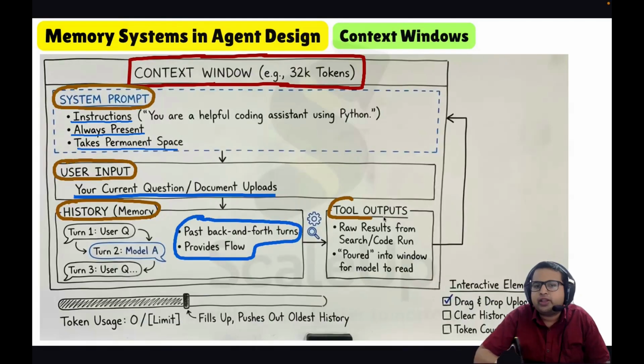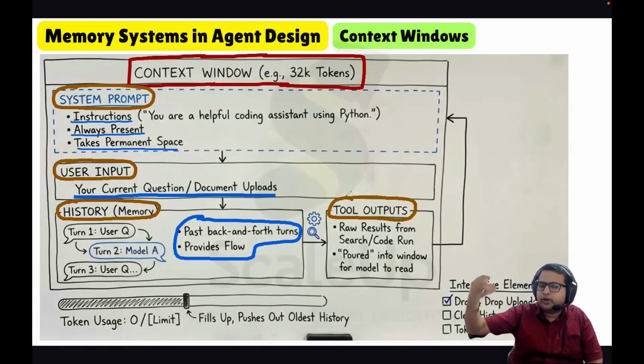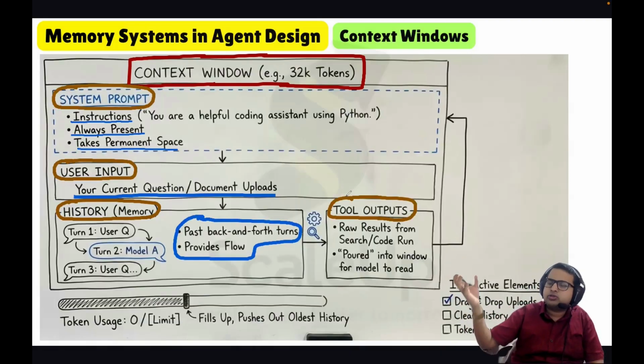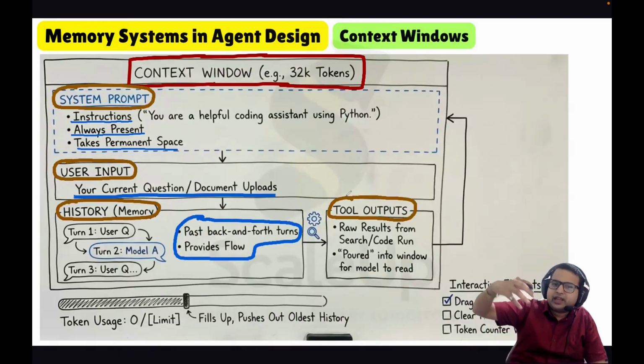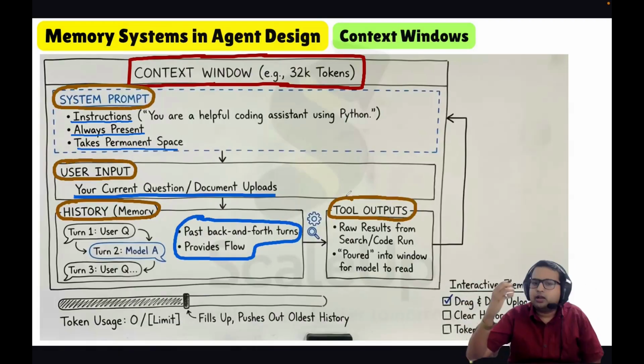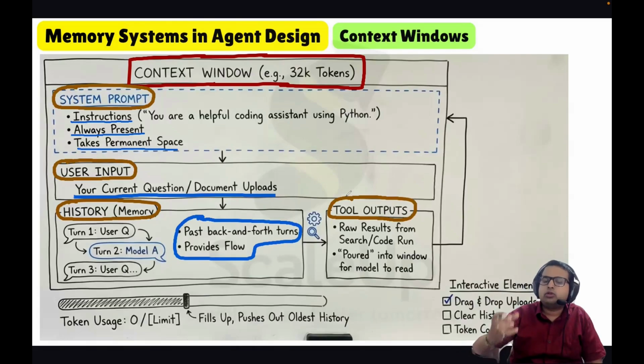Like if we are calling tools, the response of the tools: the large language model will call a tool, the tool will get executed, it will generate some response, and it will send that response back to the large language model. Now we can store that output of the tool in the active context window.